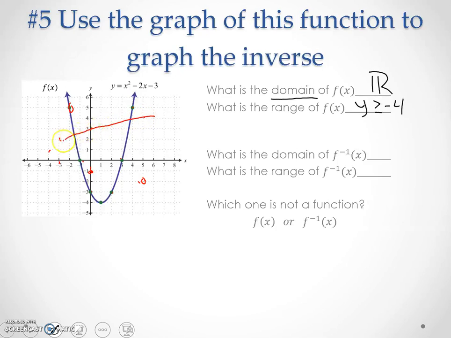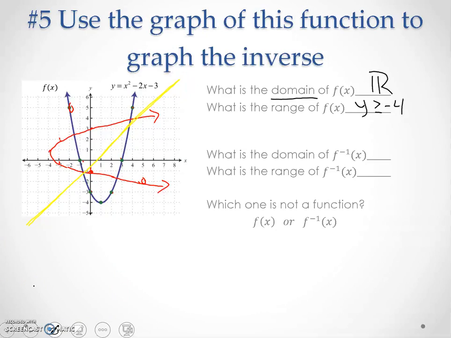And if I graphed all of those points, then it would look like this. And those are all reflections of each other over this line, which is the line y equals x. And so now, what is the domain of the inverse function?